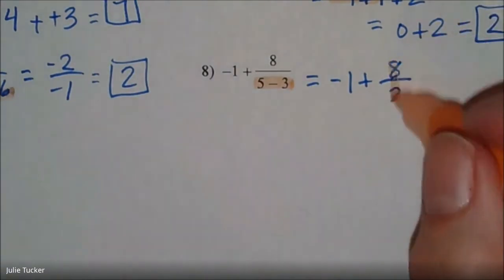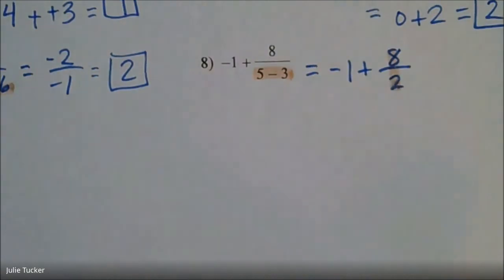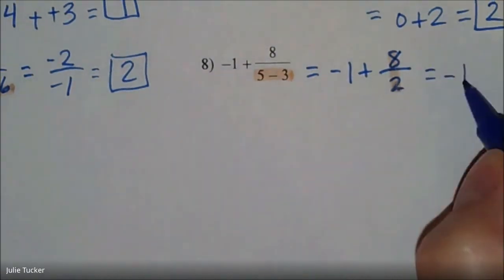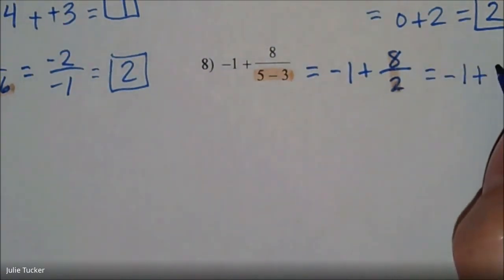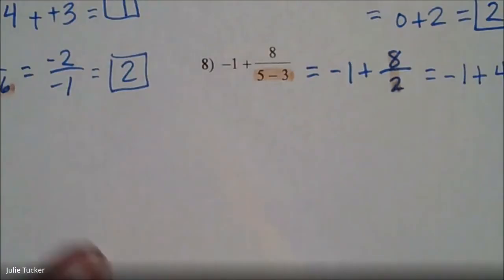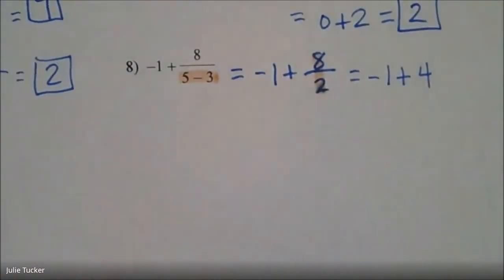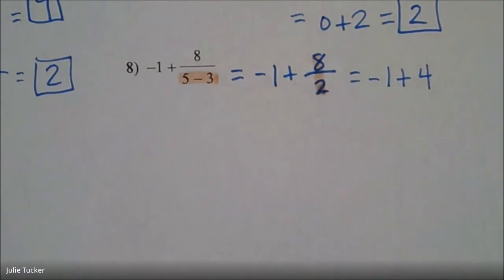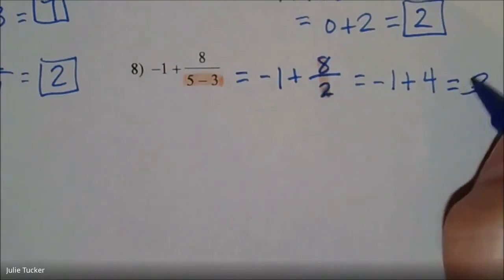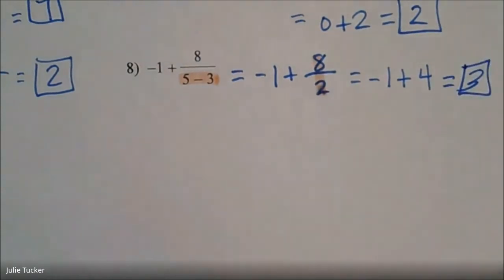So you want me to do this first. That's right. So that will be -1 plus 4. And then what is -1 plus 4? 3. That is it. So that is exactly how you do these.